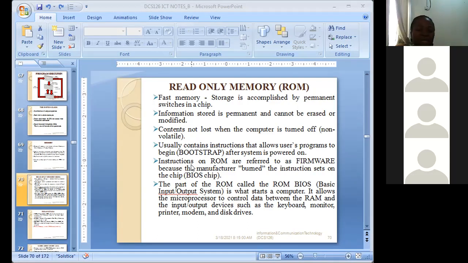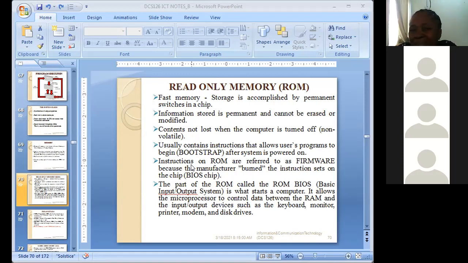The other part is the random access memory. Now, the random access memory, sorry, we are looking at read-only, forgive me. The read-only memory is a part of the internal memory that you and I, we don't have access to as users.